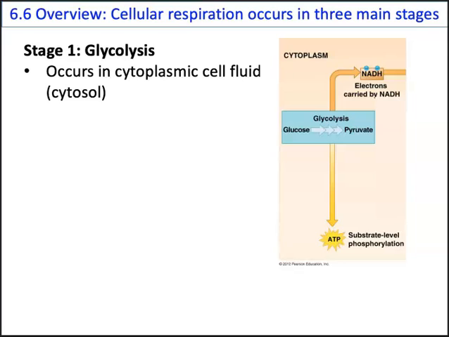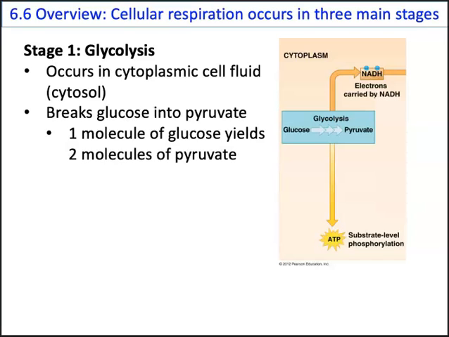All right, so in this video, we're going to be talking about the first stage, glycolysis. We'll do a quick overview of it, and then we'll talk in a little more detail about what's going on here. So glycolysis, as we mentioned, is happening in the cytoplasmic cell fluid, the cytosol or cytoplasm.